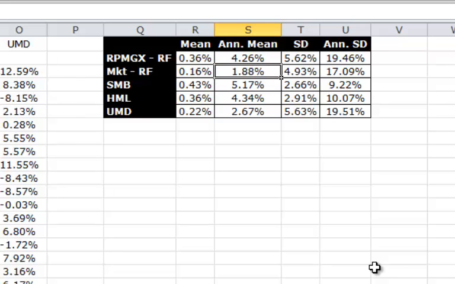So on average, the market, or the S&P 500, only beats the risk-free rate by 1.88% over the same sample period. So we can see that this mutual fund really is beating the S&P 500 by quite a margin, and yet the standard deviations aren't that different. So just on a raw basis, this fund really is doing well relative to the market.